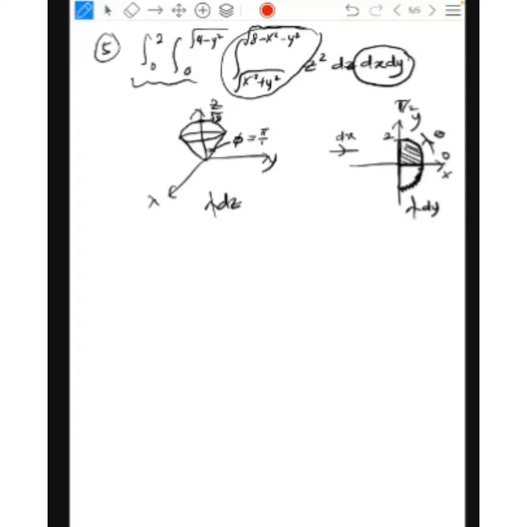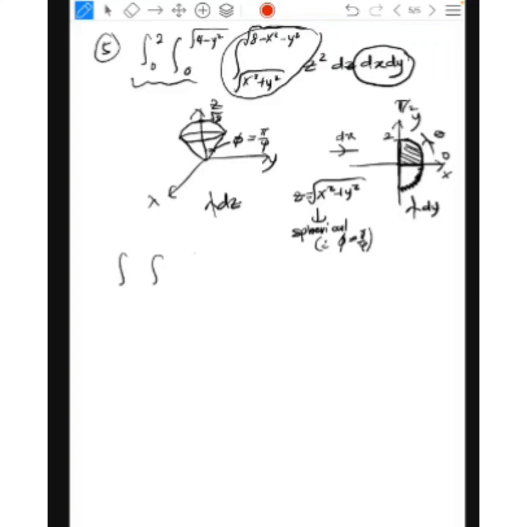Kenapa pi over 4? The same argument as we already did before. Okay, just change the z equals to x squared plus y squared square root from rectangular to spherical. Then you will find that phi is equals to pi over 4. Okay, so that is what we want to transform.